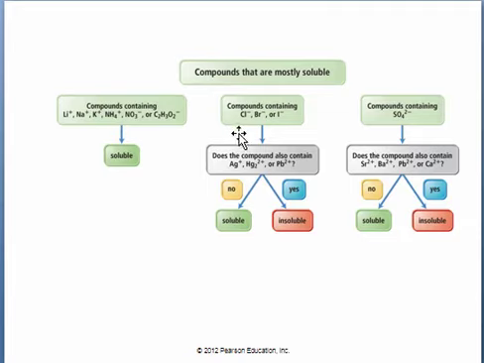If it contains chloride, bromide, or iodide, it might be insoluble, but it's only going to be insoluble if it contains these 3 ions, silver, mercury, and lead. Otherwise, it's going to be soluble. If the compound contains sulfate, it's likely to be soluble unless it contains one of these 4. Then it's going to be insoluble.